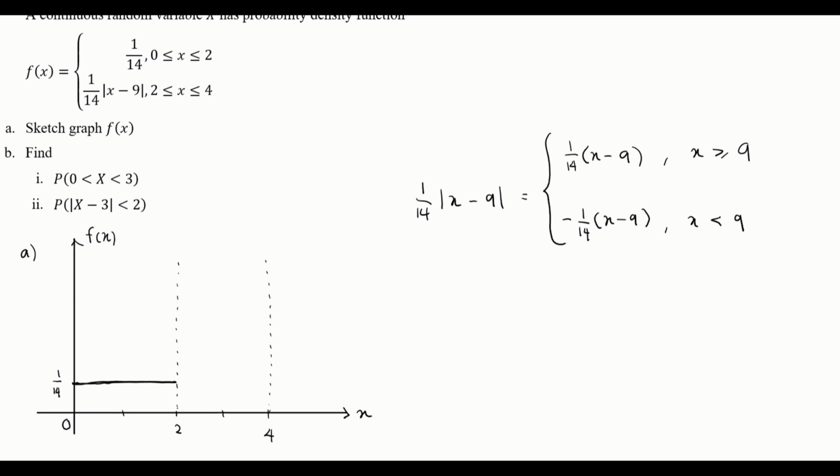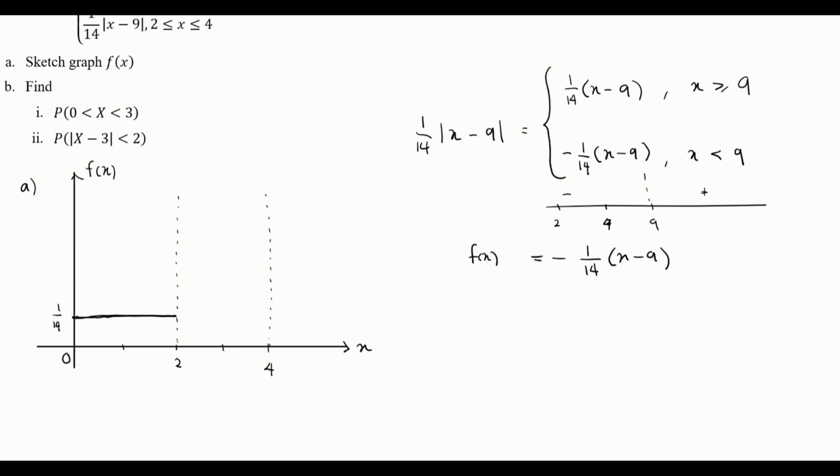Since x is between 2 and 4, which is less than 9, the function here is equivalent to f(x) equals negative 1 over 14 (x minus 9). So we're going to use this function.